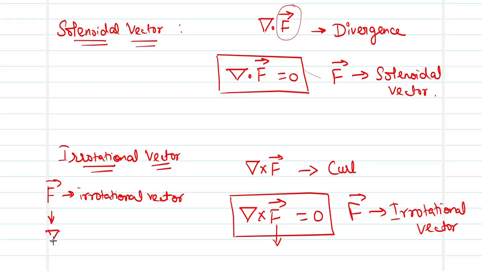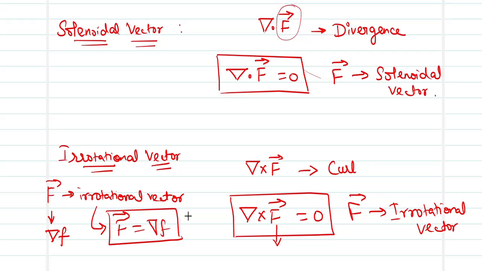What do you mean by gradient of a scalar? That is nothing but del f. So I can write f vector equal to del f, under which condition? If my f vector is an irrotational vector. So keeping all these things in mind, let us move on to apply them to a few problems.